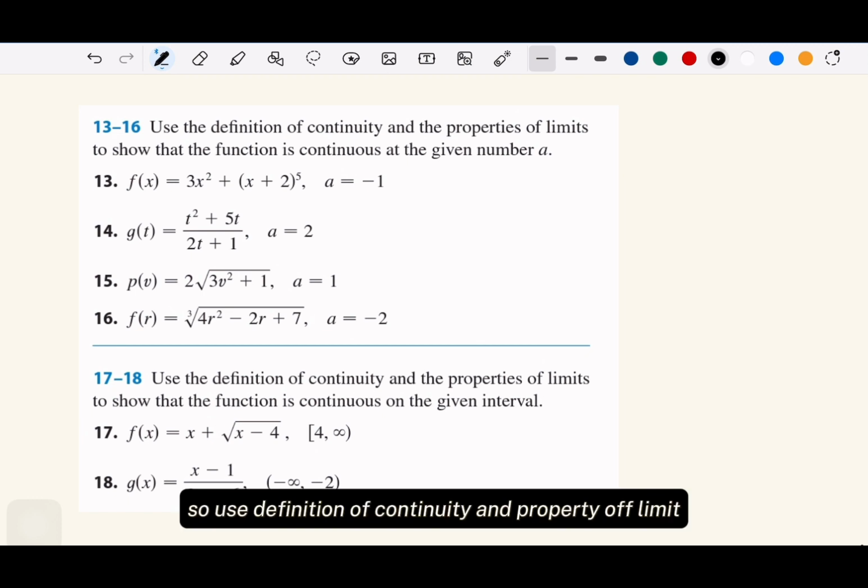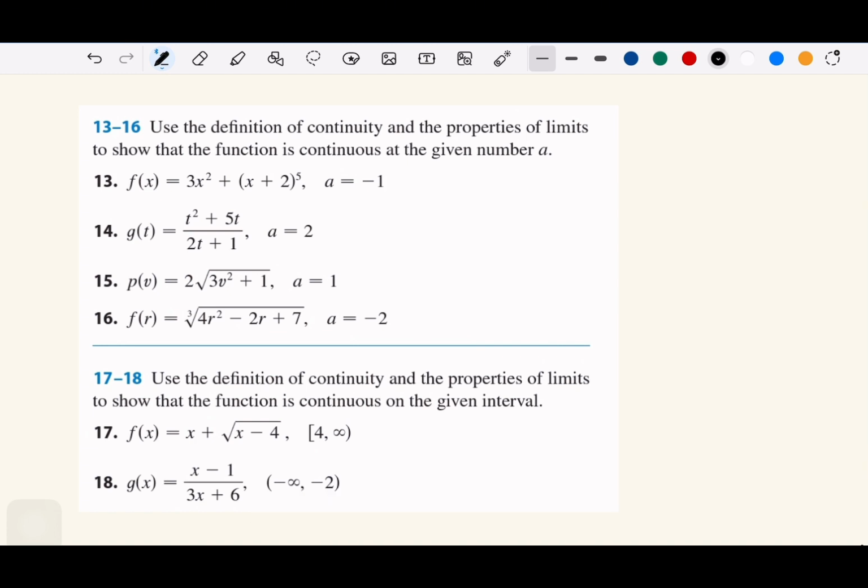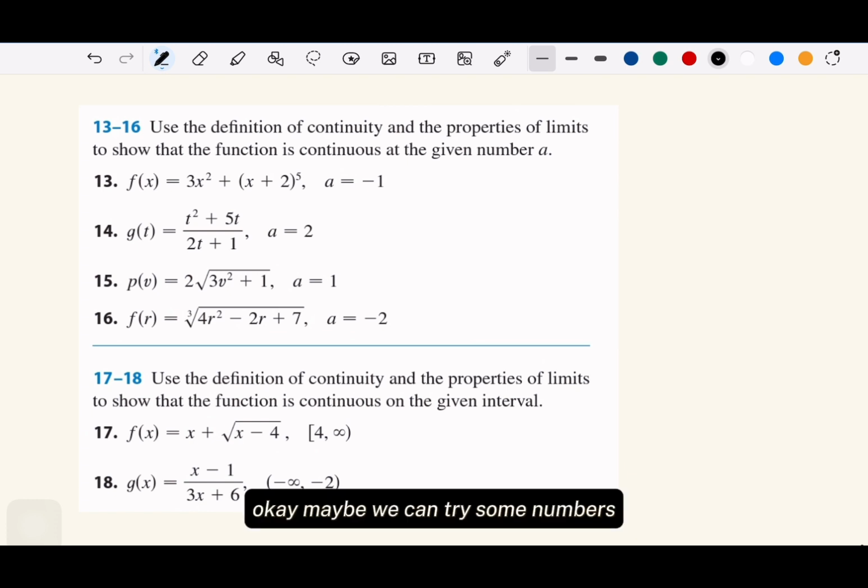Use the definition of continuity and properties of limits. I think the property of limit is just a limit as usual, but it's asking you to prove or show the continuity at the given number a. Maybe we can try some numbers.